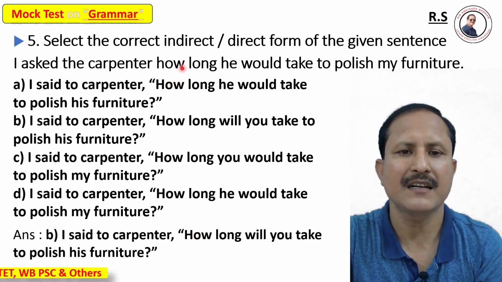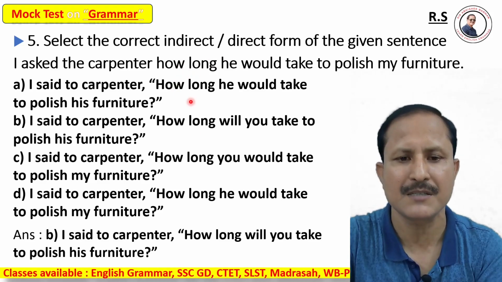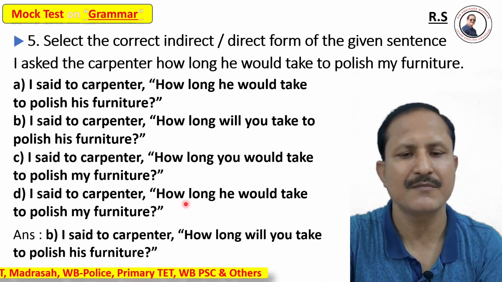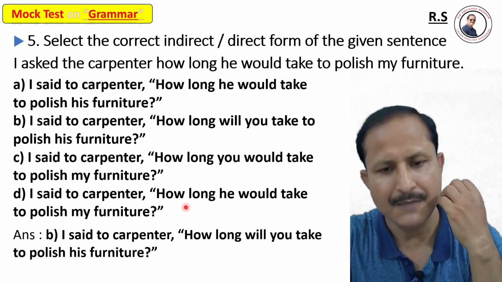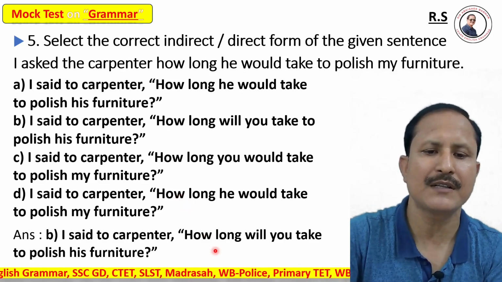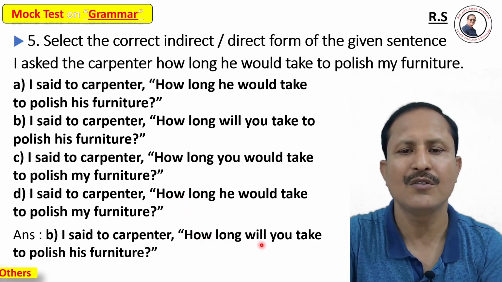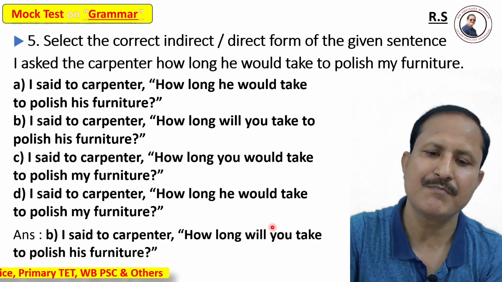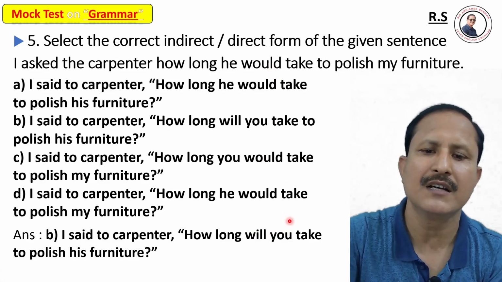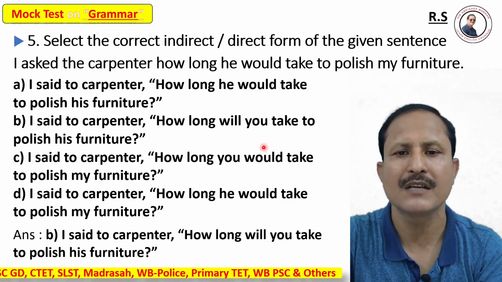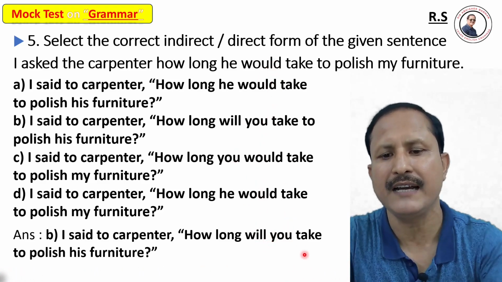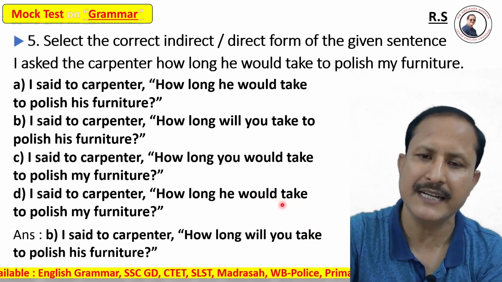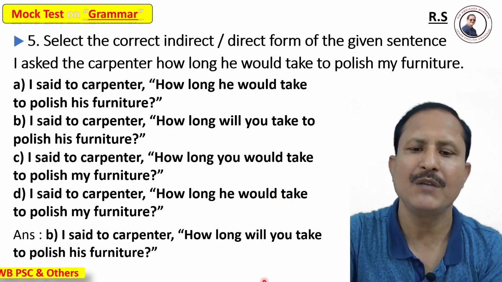There is no linker like if or whether, because this is an interrogative sentence. That's why the reported speech should start with the WH word. "How long" makes it an interrogative sentence, so the helping verb would be placed before the subject. Would should be transformed into will, because will is transformed into would when we transform direct to indirect, and that's why "he" will be replaced by "you."